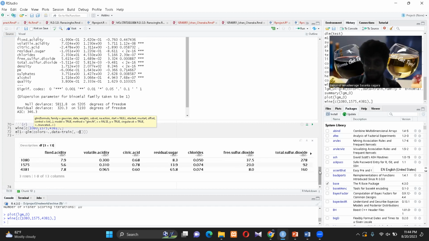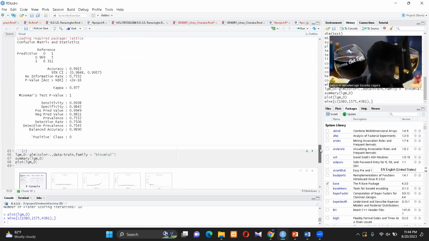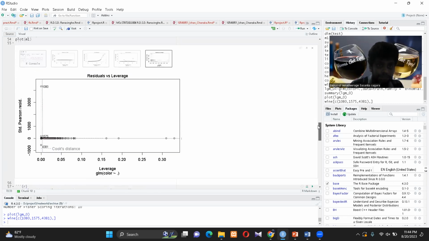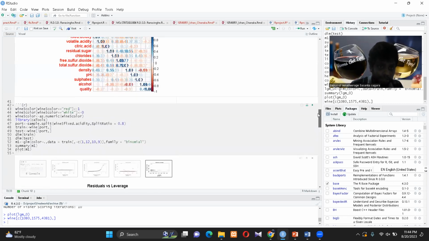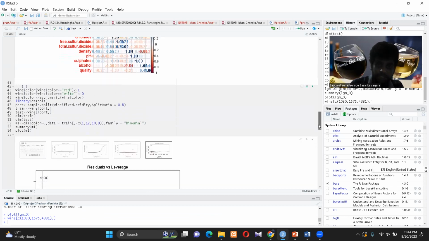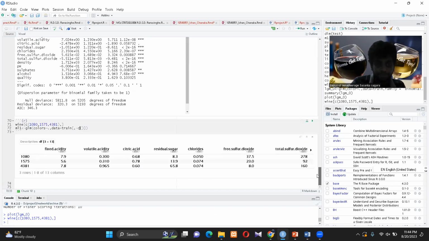What are they in my final model? It's 1, 9, 10, 12, right?